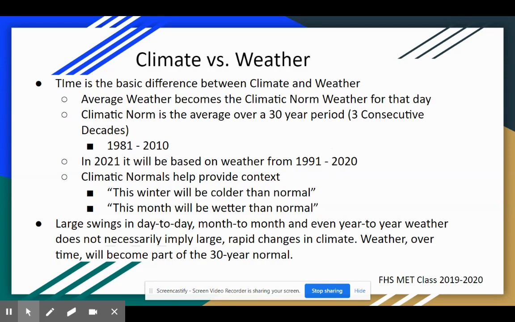And again, when we talk about normal, that's the 30-year normal from what has happened over the last 3 decades. We do still have large swings in day-to-day, month-to-month, and even year-to-year weather. That doesn't mean that it's implying a large, rapid change in climate. Weather over time will still become part of the 30-year normal.